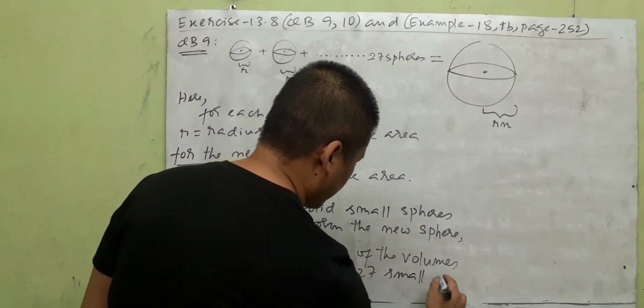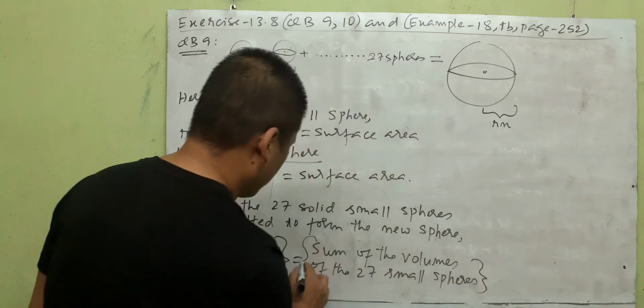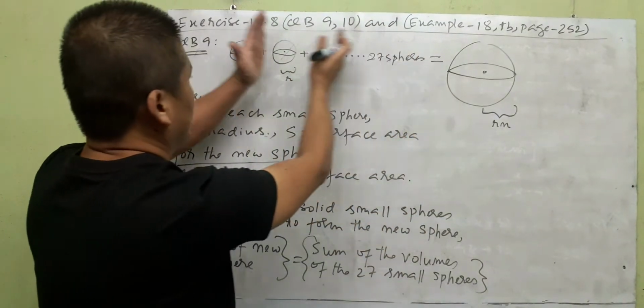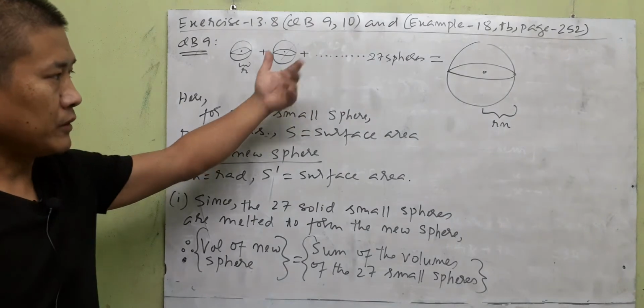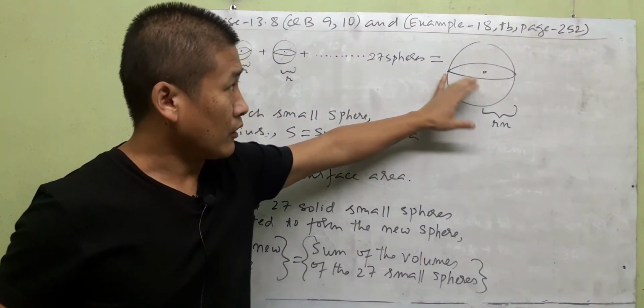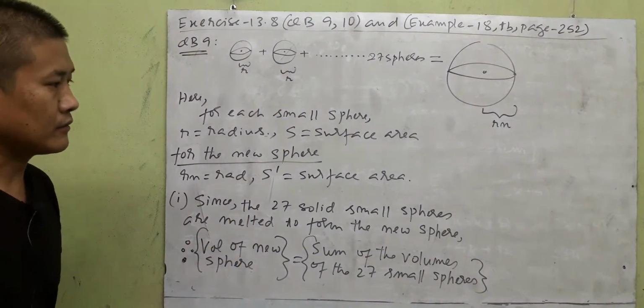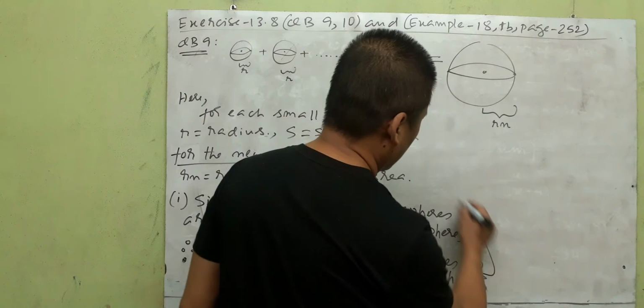That is common sense, right? Every one of us can understand this. The volume of this big sphere will be equal to the total volume of all these 27 together. Why? Because the bigger one was gotten by melting all these 27 together, right? Let us write this here and continue.